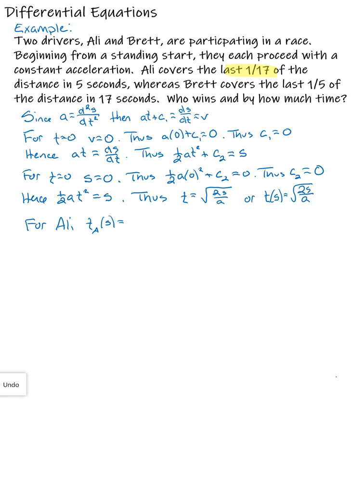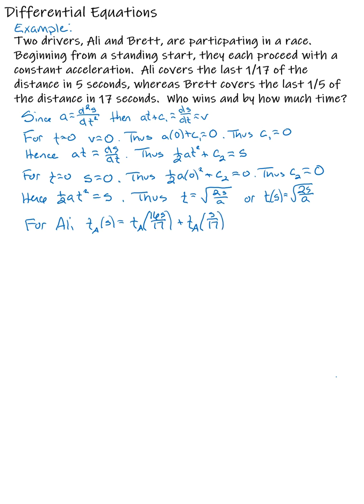Of course, that means we're going to have to consider what happens with the first 16/17. But notice that the total time, t sub a, for Ali is equal to that time function evaluated at the first 16/17 s plus that time function evaluated at the last 1/17 s.